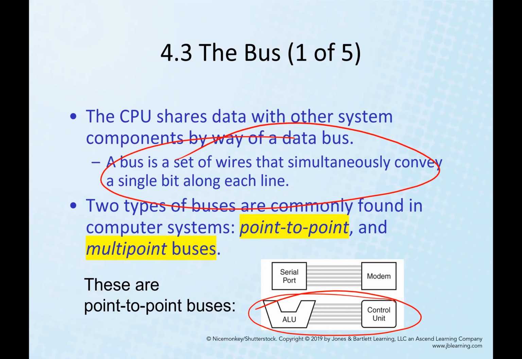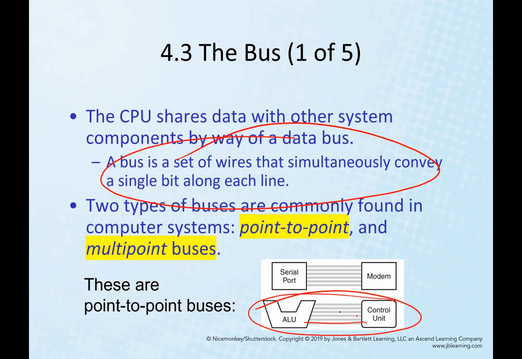This one is a data bus because it's wires that convey the data from the mouse to the case. So any wires that can transfer data from one point to the other point is called a bus. So you see ALU on the left and control unit on the right.